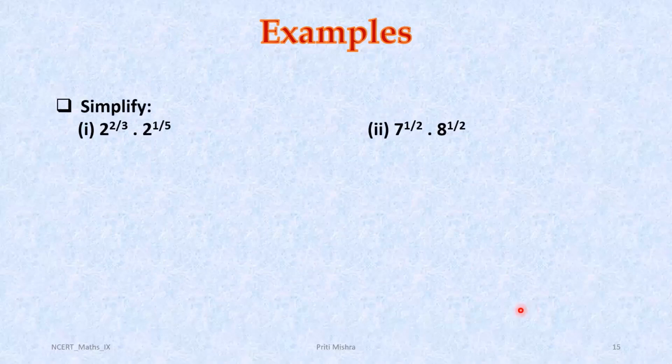Now let's have examples. The first question is 2 raised to the power 2 by 3 into 2 raised to the power 1 by 5. We have to simplify this.